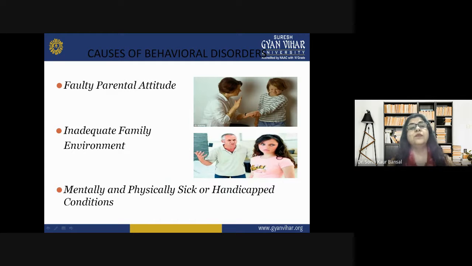I will be defining these behavioral disorders, but first of all, you just understand what the causes of behavioral disorders are. That's really very important for everyone to understand who is aspiring to become a teacher specifically: what is actually there in the surroundings of children that is making them behave in an improper way.